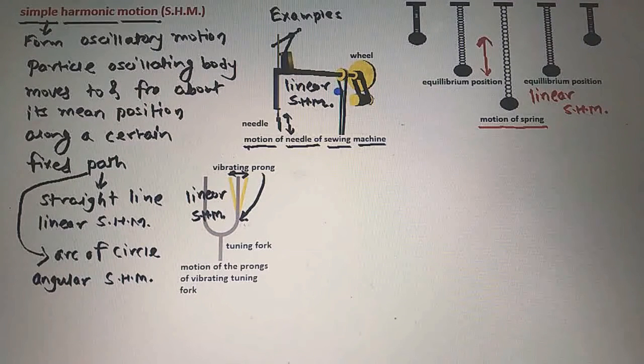The path is a straight line here. Because of that, the motion of the prongs of a vibrating tuning fork is also linear simple harmonic motion.